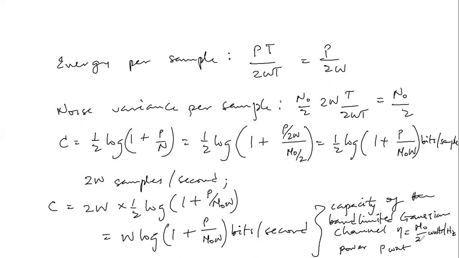Okay. Now, from this, we can conclude that we have C equal to W log 1 plus P over N0 W bits per second.